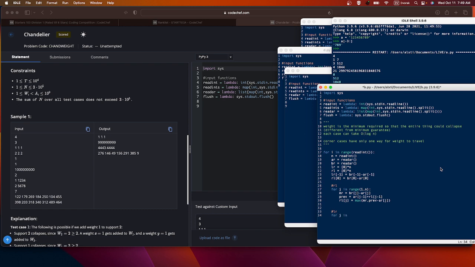For K in range. We have to, okay, we already complete n minus 1, so n minus 2 to minus 1 with minus 1.